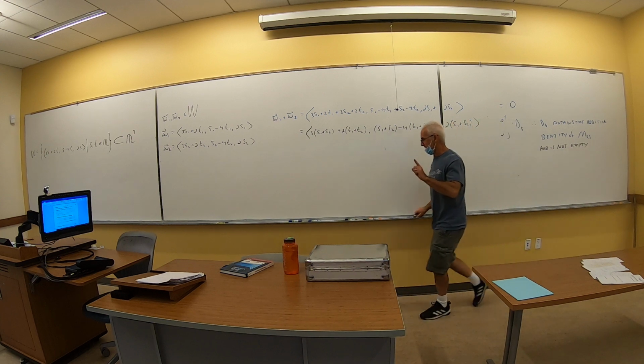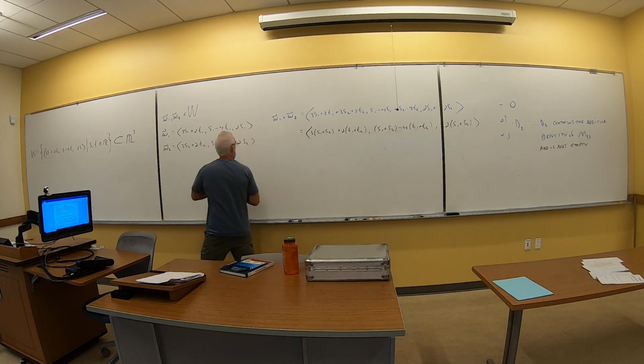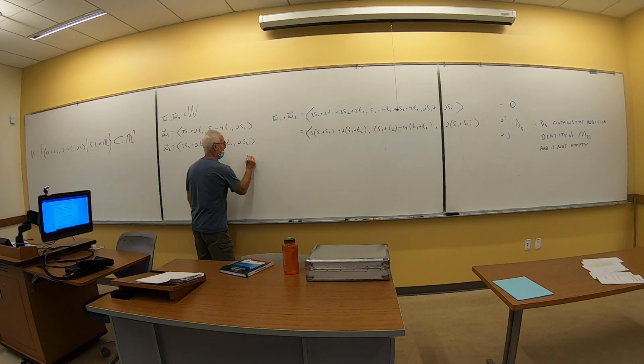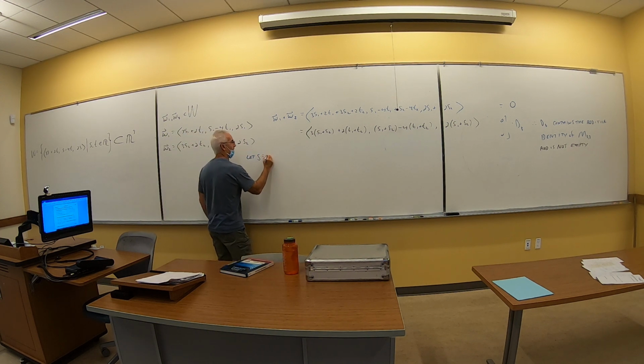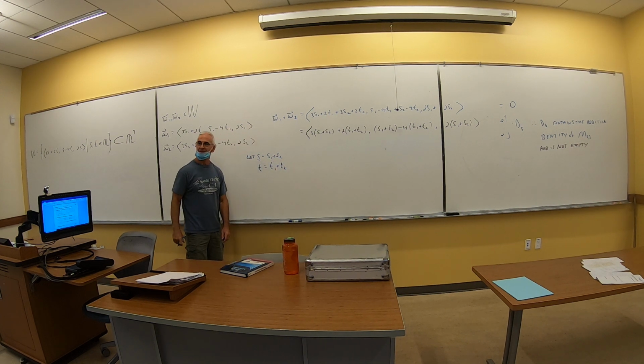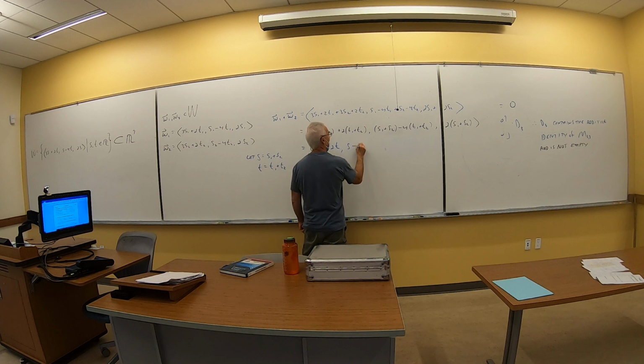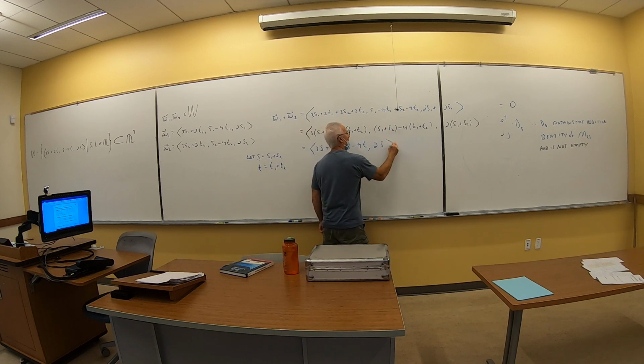This is the reason why this is actually a really good idea. You don't have to, but it is a really good idea. I'm going to let s equal s1 plus s2 and t equal t1 plus t2. Because if I do that, then this will be 3s plus 2t, comma, s minus 4t, comma, 2s.